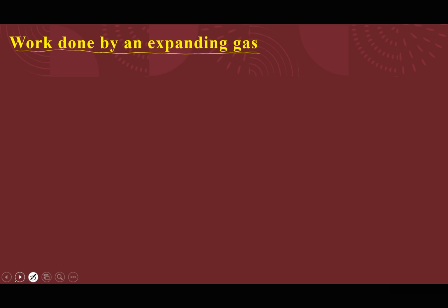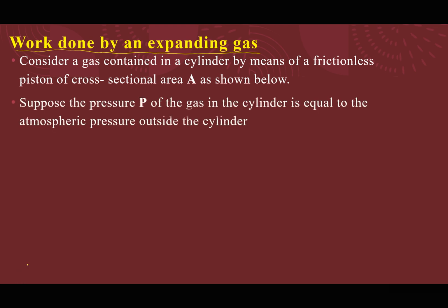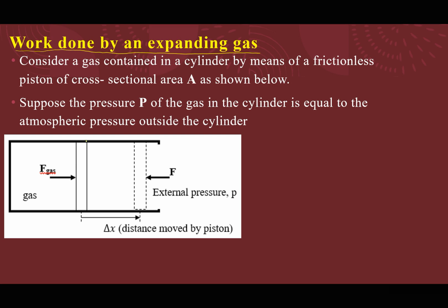So this is now going to be a special case. We are going to consider a gas contained in a cylinder by means of a frictionless piston, as shown below. And suppose the pressure P of the gas in the cylinder is equal to the atmospheric pressure outside the cylinder. This is what we are talking about. You have a cylinder where this is a piston, for example, and a force is applied onto the piston.